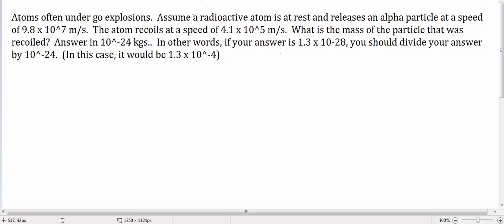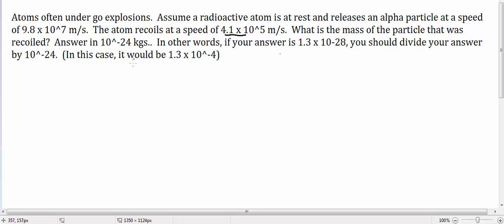The atom recoils at a speed of 4.1 times 10 to the 5th meters per second. What is the mass of the particle that was recoiled? And then it asks us to answer in terms of 10 to the negative 24th kilograms. But we'll deal with that at the end.